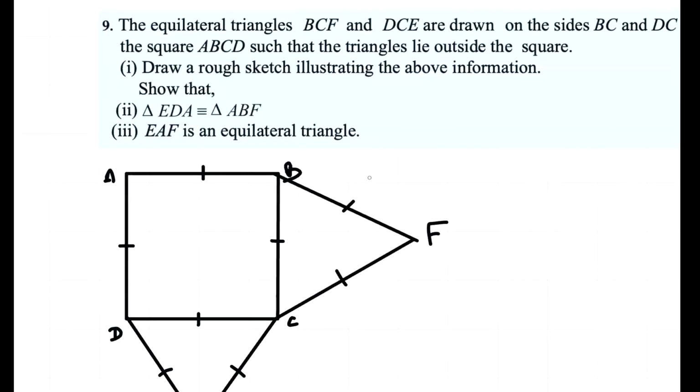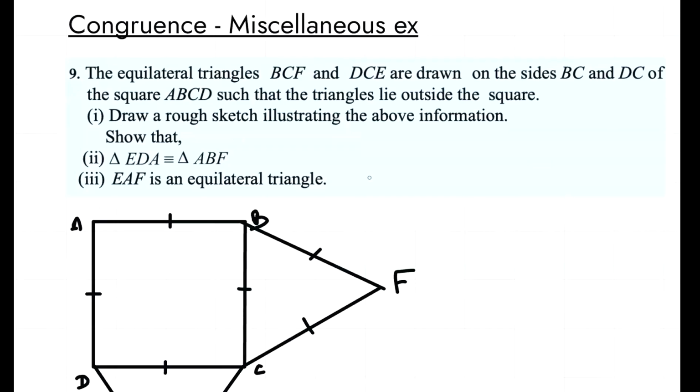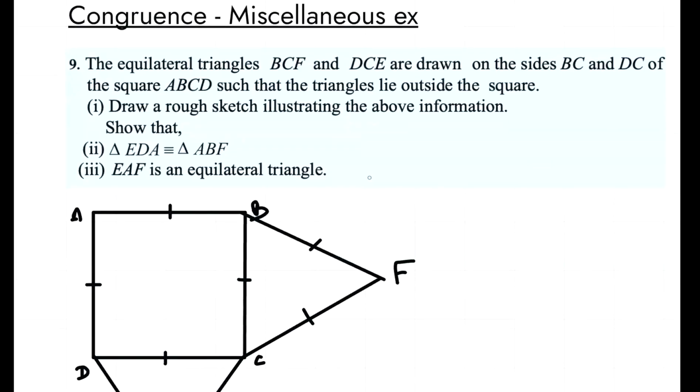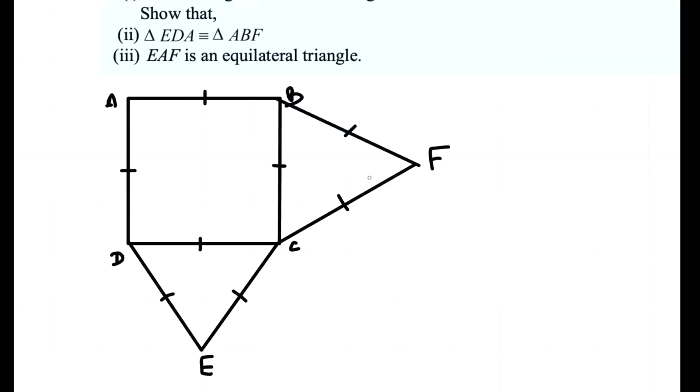Show that EDA is congruent to ABF. Okay, let's see. Where is EDA? We have already drawn a triangle EDA, no? We will have to draw it separately. So E here, D here, A here. So I will connect this. Sorry.